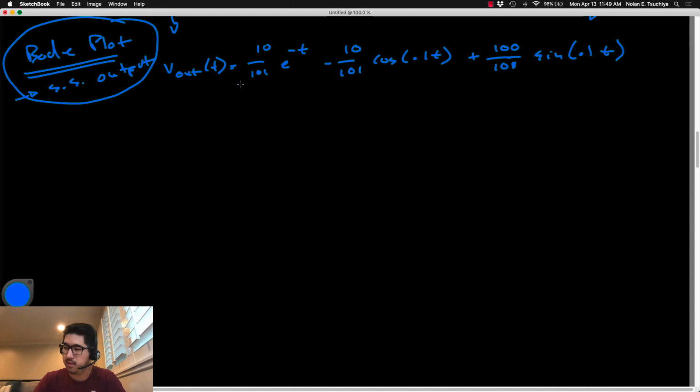In this portion of the output, we see a transient portion, and we know that that's going to go to 0. So this part isn't even considered on the Bode plot. That's all going to decay.